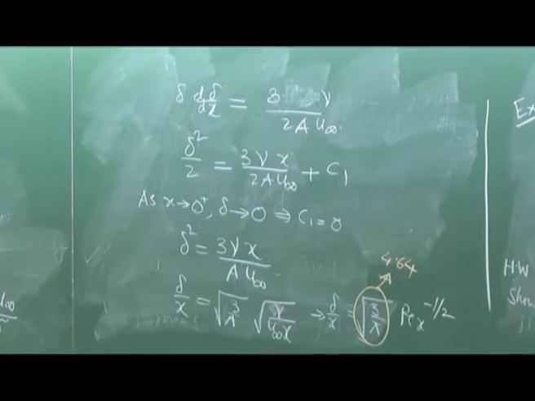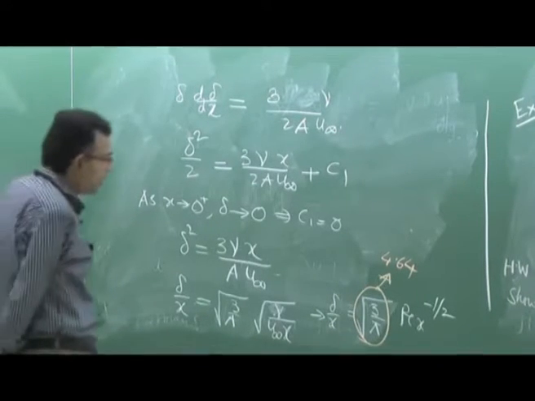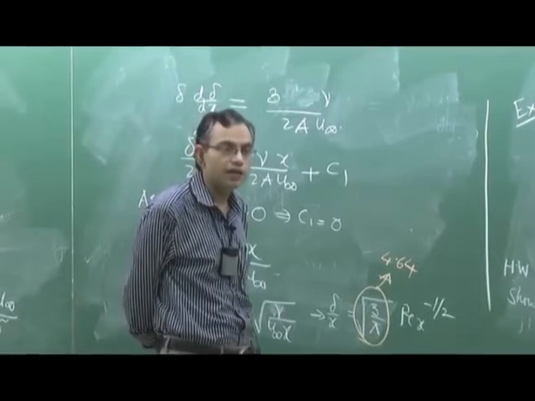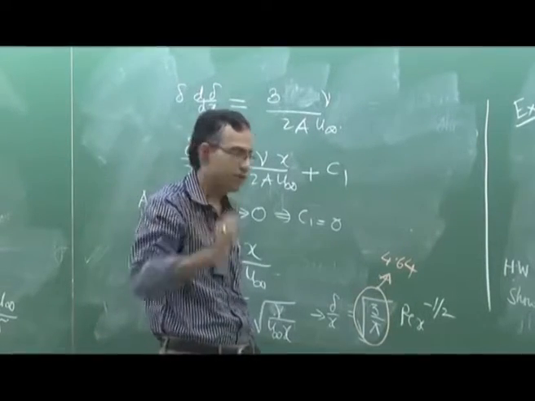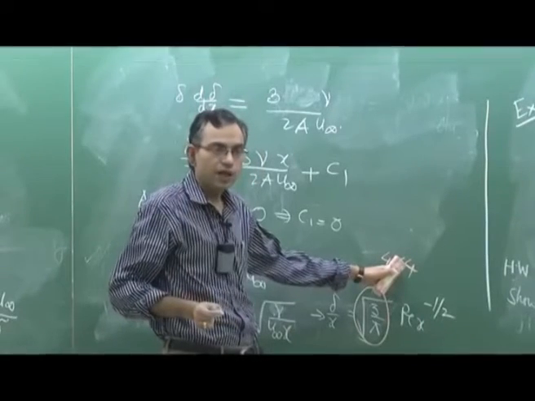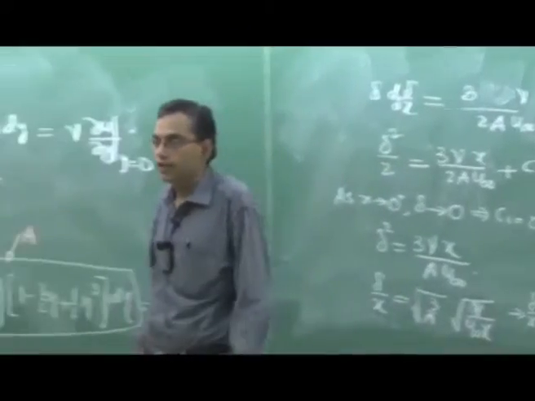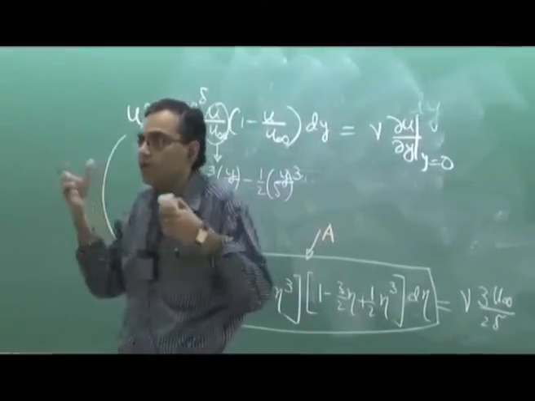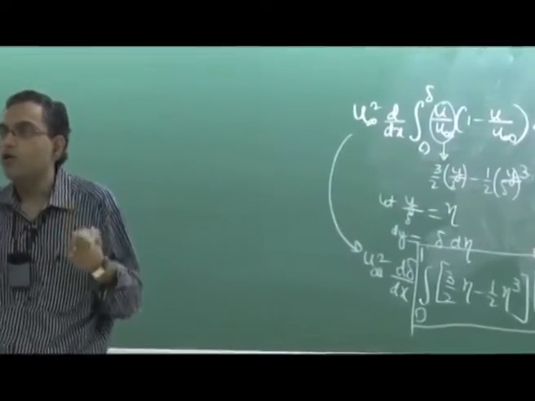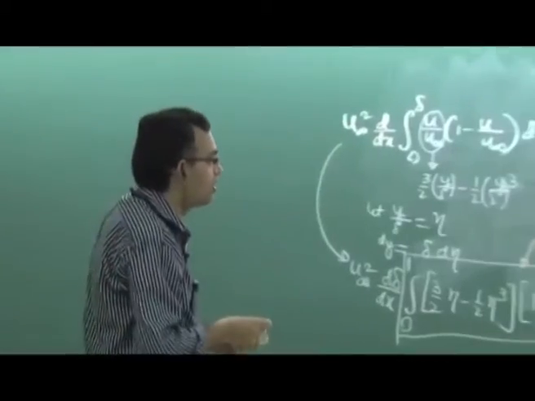These are very classical results in fluid mechanics. Okay. So, see what is the difference in the result from the similarity solution. Similarity solution is the correct solution. There it was 5. Now, instead of 5 it is 4.64. It may appear to be quite inaccurate, but our ultimate objective is not to calculate delta, but to calculate the wall shear stress. So, let us see how it fares in calculating the wall shear stress.